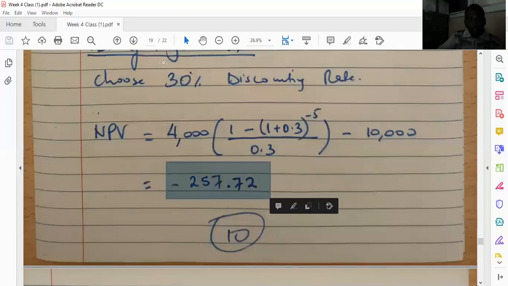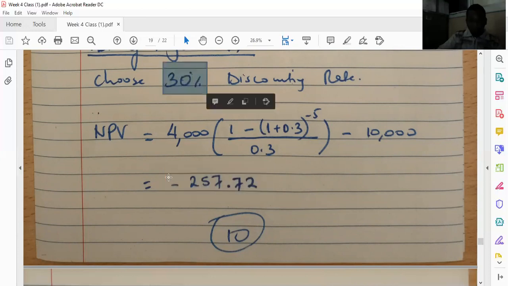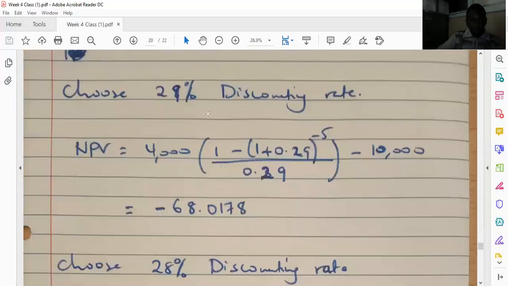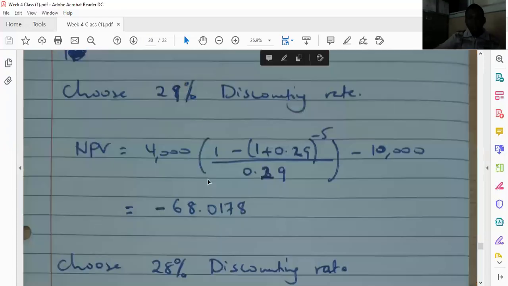Then we try a lower discounting rate to give us a positive NPV. We try 29%. With a 29% discounting rate, the NPV shall be equal to the annuity, in brackets 1 minus, in brackets 1 plus 0.29, that is 29%, raised to the power of -5 years, divided by the interest rate of 29% or 0.29, multiplied by 4,000, minus the initial cash outlay of 10,000.